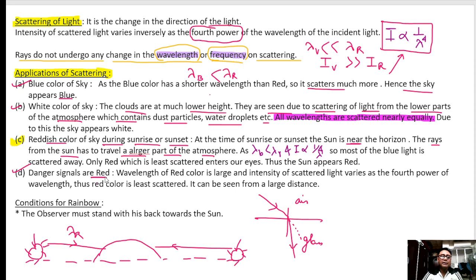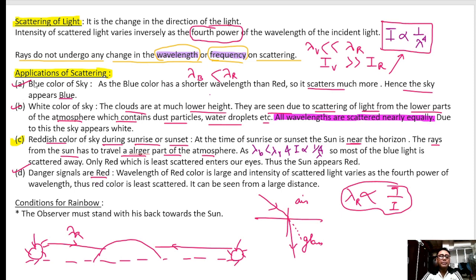Danger signals are red, same thing. Danger signals are red because red has the maximum wavelength, so it gets least scattered. Intensity of scattering is very less, so it can travel large distances. That is why we use it as a danger signal.